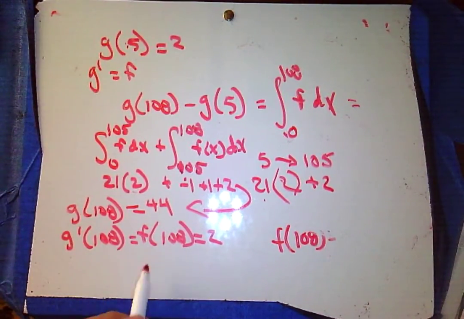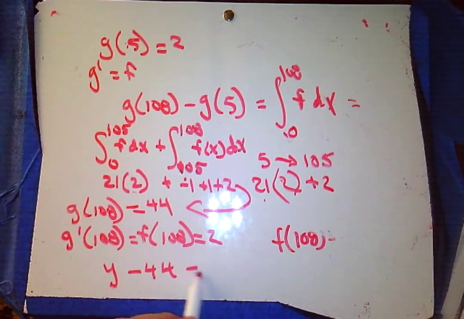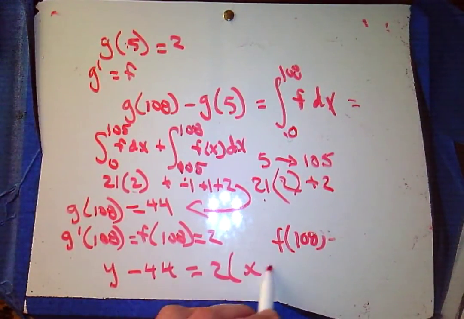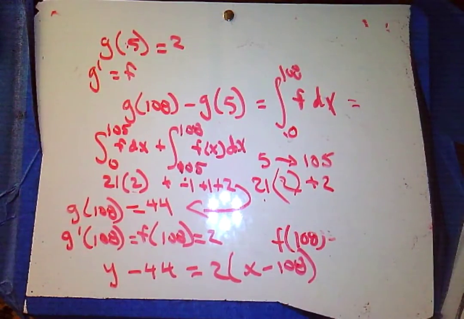All right, so my tangent line equation then is going to be y minus 44 equals 2 times (x minus 108). And there's our tangent line equation. I don't think you need to take it any further than that. Do they ask us to do anything else here? No, write the equation. Okay, there's 5c.